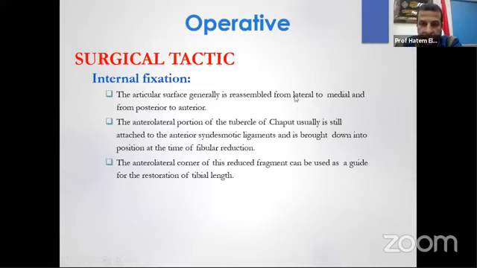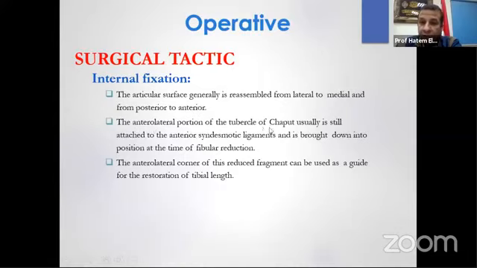As we said before, there is a large anterolateral fragment, the Chaput fragment, a large posterolateral fragment and a medial fragment. We start from lateral to medial and from posterior to anterior, for better visualization of the articular surface during reconstruction.